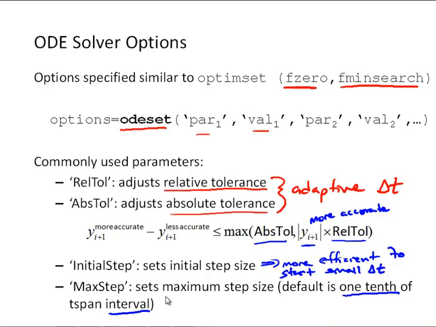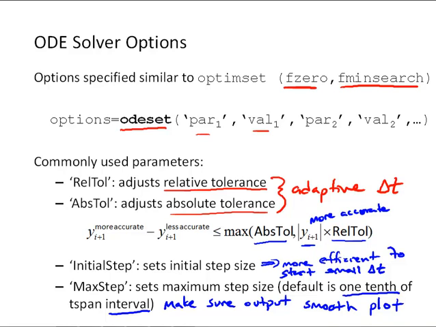The maximum step size will keep delta t from being too large. So you make sure the output has enough points for a smooth plot, is one way to think about that.